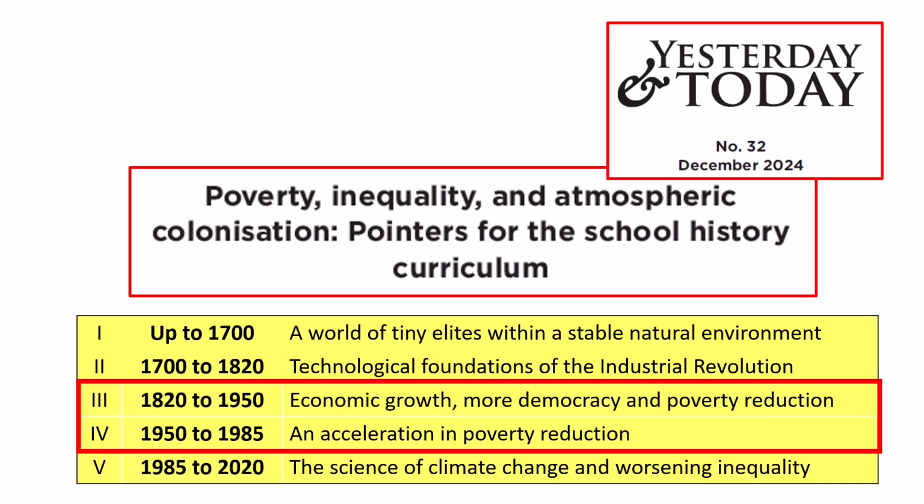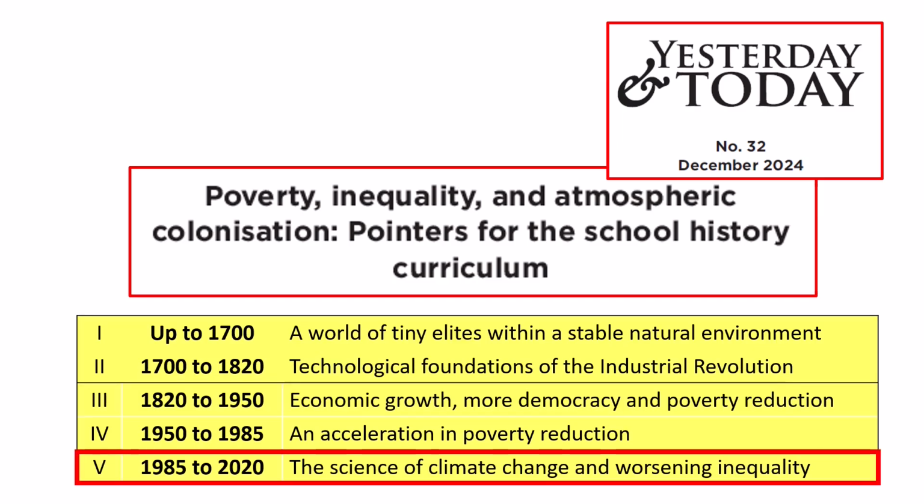The second video also deals with 2 periods, a long 1820 to 1950 period, when among other things poverty declined a lot in certain parts of the world, and a much shorter 1950 to 1985 period, when poverty declined further as decolonization and a green revolution set in. Finally, a third video looks at the last few decades, 1985 to 2020, a time when the science of climate change became clear, and we also saw inequality worsen.